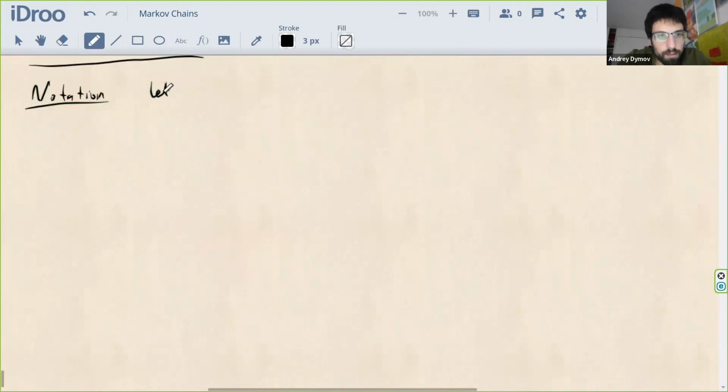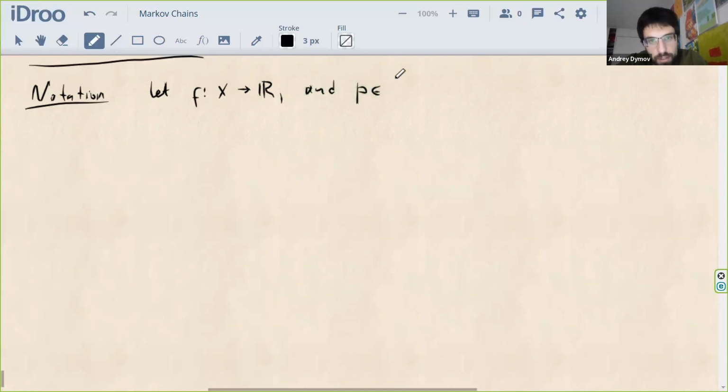Let's consider the function f as before, and let us consider any distribution P. I recall the distribution: it means first that the sum of its components equals 1, and second that all components are non-negative.